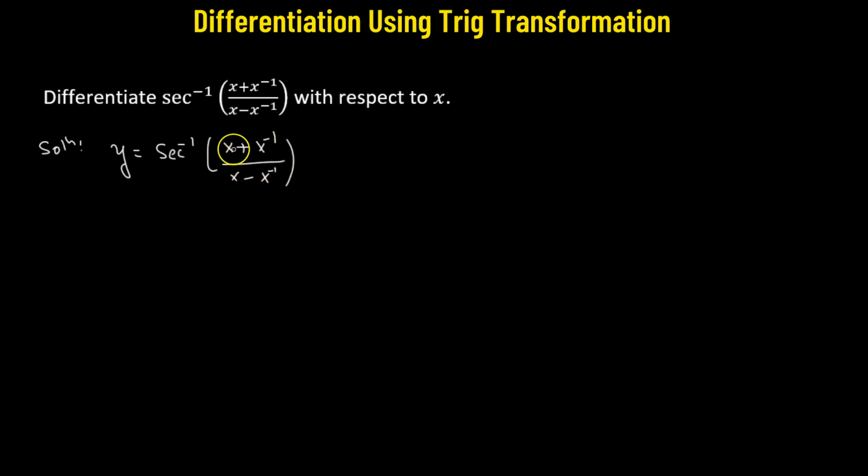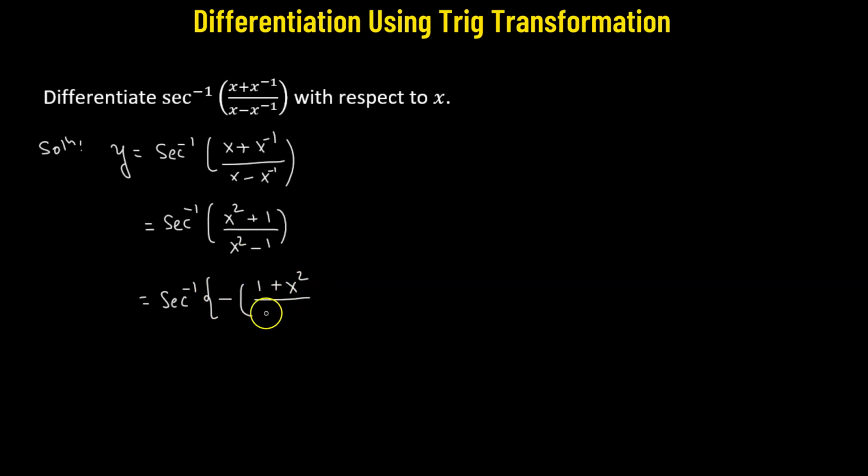We'll multiply the numerator and denominator of the rational function (x plus x inverse) over (x minus x inverse) with x, which will make it secant inverse of (x squared plus 1) divided by (x squared minus 1). Now we can take negative as the common factor from the denominator, which will make it negative multiplied to, and we can rewrite the numerator as (1 plus x squared) divided by (1 minus x squared).